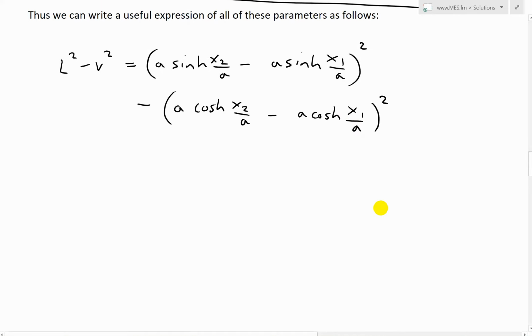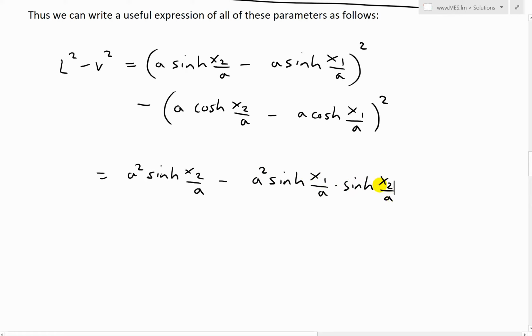Now we can just use the FOIL method and expand the top one. The top part is going to multiply this by itself. That's going to be a squared sinh squared of x2 over a, and then this times this, we're going to get a squared sinh of x1 over a times sinh of x2 over a.